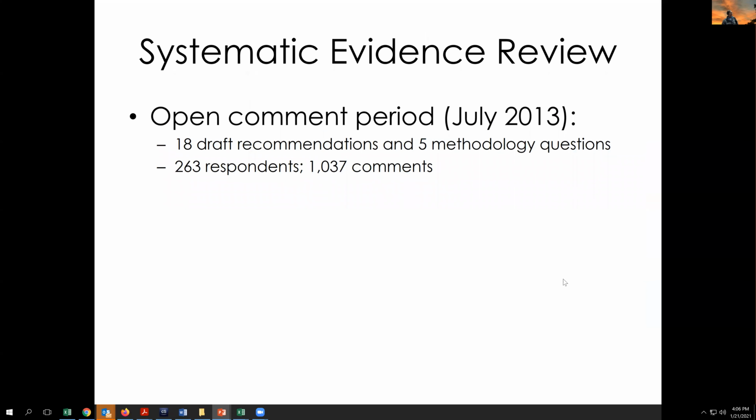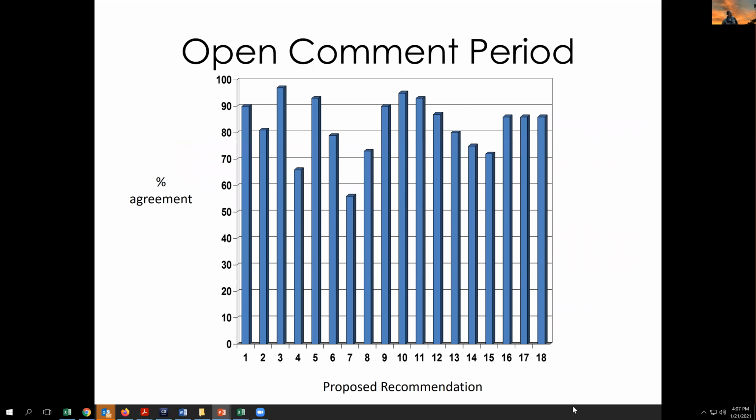So once the systematic review is completed, the open comment period ensued, beginning in July 2013, of 18 draft recommendations and 5 questions. And from that, they developed over 1,000 comments from 263 respondents. Here we see how, for their various recommendations, certain of them merited very strong agreement.